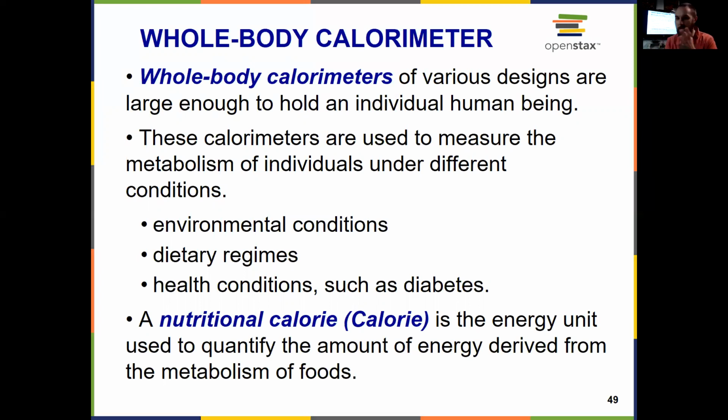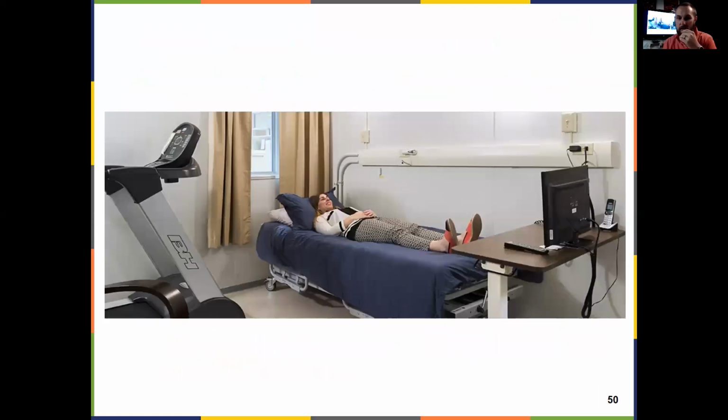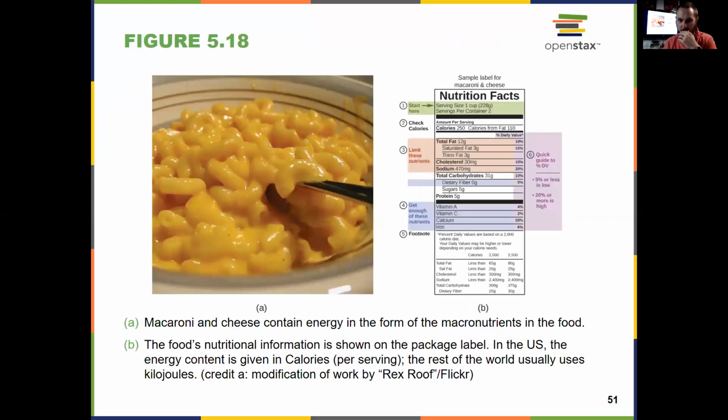But like I said, there's only a couple of these in the world at, maybe a dozen or 2 at research institutions. But we discussed the idea of a nutritional calorie with the capital C at the beginning of Chapter 5, and that's where that type of information comes from, right? Everything you see on a nutrition fact.